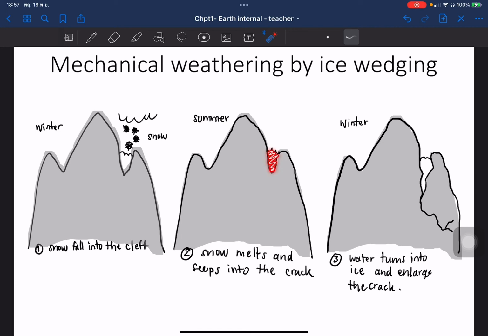The water goes deep into the crack, and when the second winter comes, the water turns into ice. When water turns into ice, its volume increases and it enlarges the crack. So the crack goes deeper into the rock, and the rock breaks down and falls into smaller pieces. Okay, so this is the first mechanical weathering, by ice wedging.